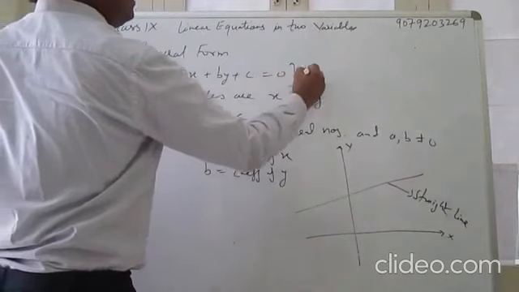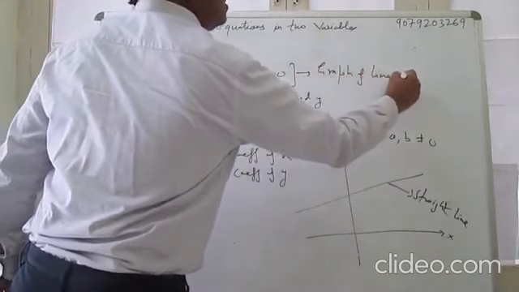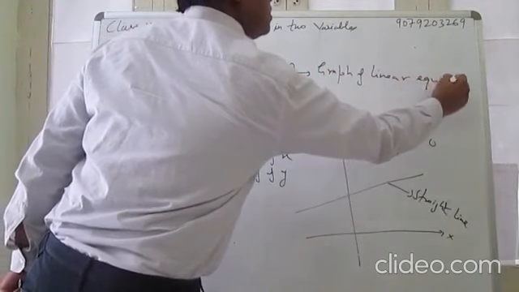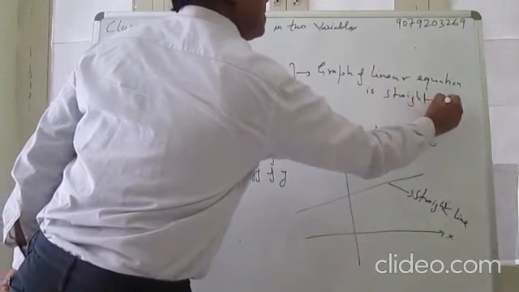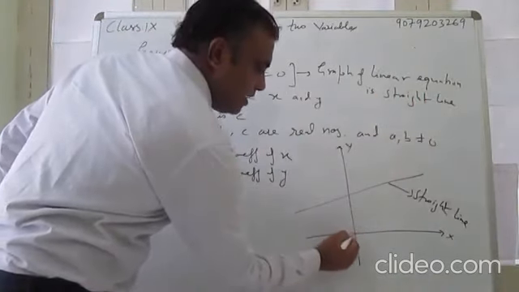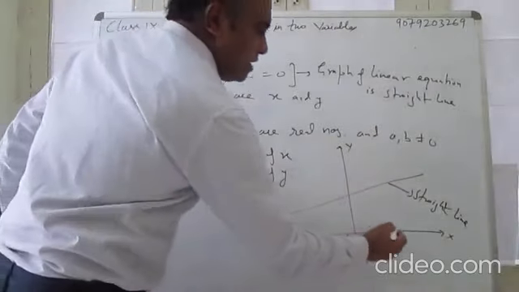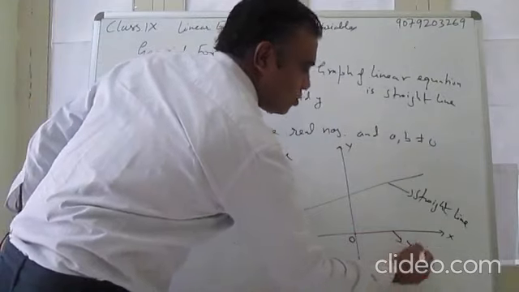The graph of a linear equation is a straight line. Here, this is the intersecting point, the origin. At the x-axis, y is equal to 0.